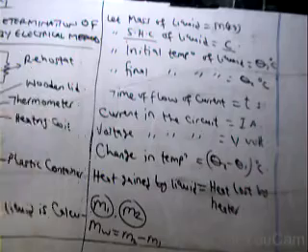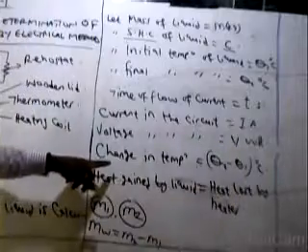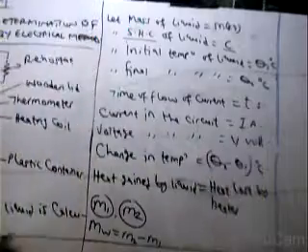Then we also use our voltmeter to determine the potential difference across the circuit, in volts. We determine our change in temperature. The change in temperature will be θ2 minus θ1, that is final temperature minus initial temperature, also in degrees Celsius.